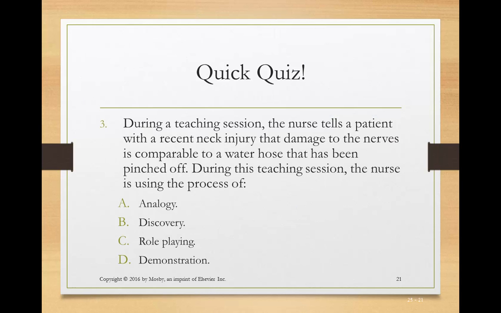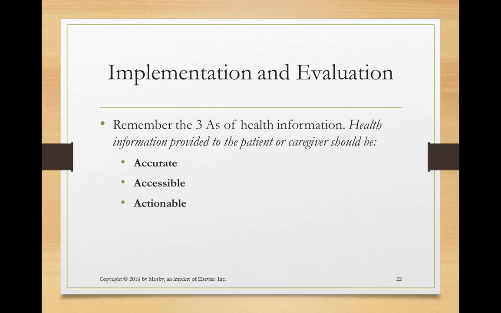Another quick quiz. We need to remember the 3 A's of healthcare information that should be provided to a patient or a caregiver. It should always be accurate. We want to be sure that we're using accurate information. If we don't use accurate information, we will lose their trust. The information needs to be accessible.